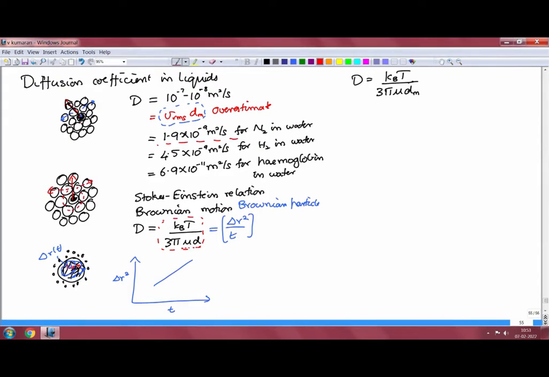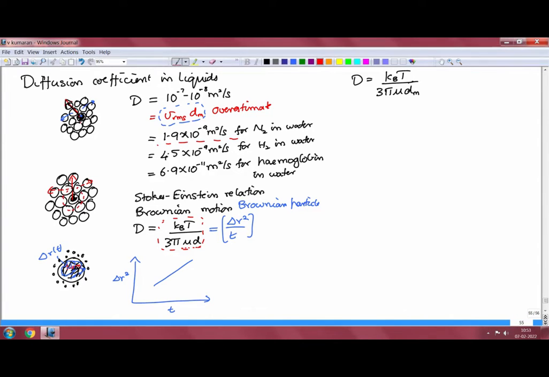In liquids, the microscopic scale is the molecular diameter, because liquid molecules are separated by a distance comparable to the molecular diameter. In this case, the diffusion coefficient is overestimated if you take the product of the mean free path and the molecular diameter. The reason, as explained, is that in liquids, diffusion in a very densely packed assembly of molecules is a cooperative process.